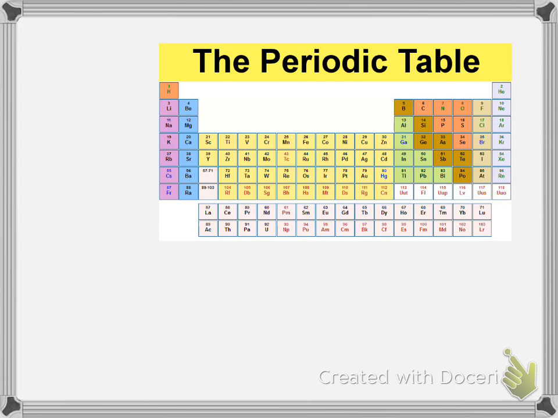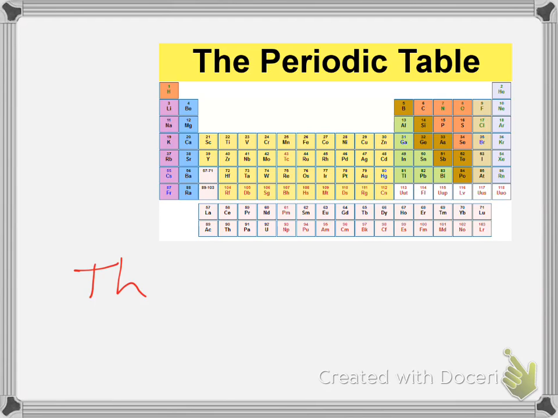So let's just see if I can sneak these in here and put these down underneath here. So let's just pick some elements here. We'll pick thorium for our first one. So thorium, and that's atomic number 90.